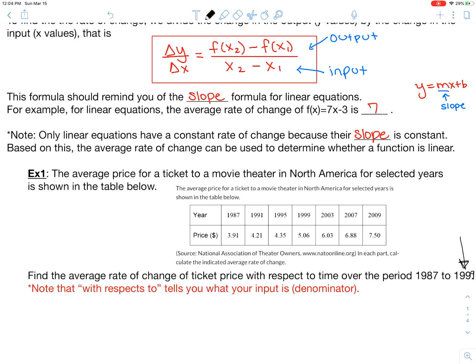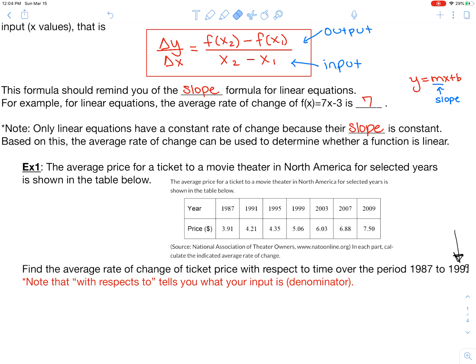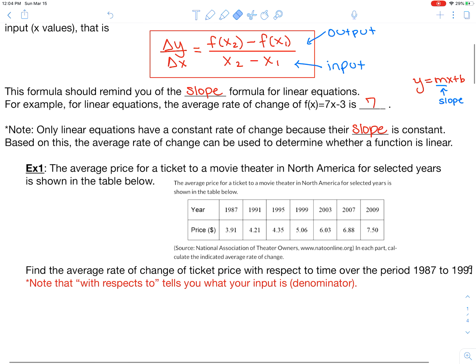Not the year 199, but the year 1999. I'm just going to highlight where on our table that is. So here's 1987, that's our input, and here is our output for 1987. Here's our input, 1999, and here is our output.